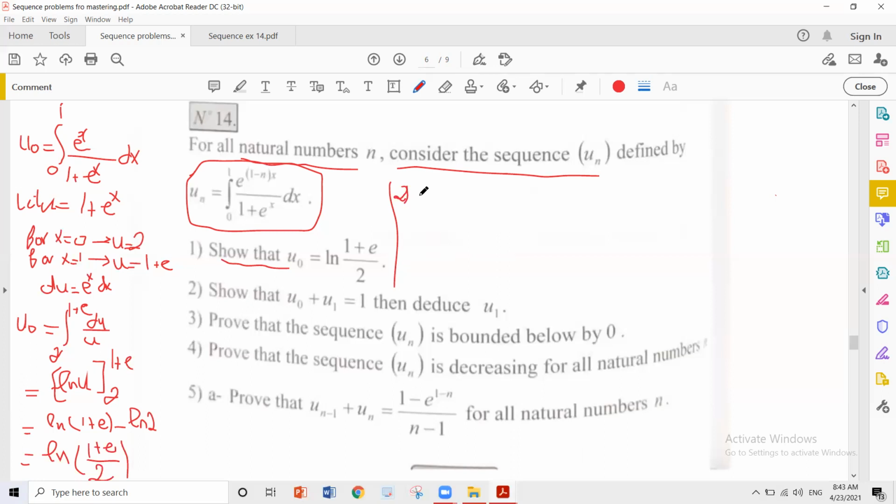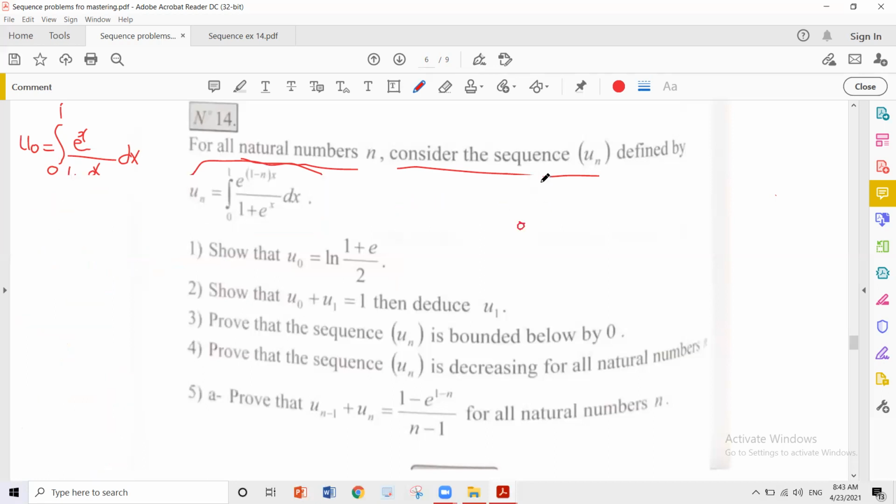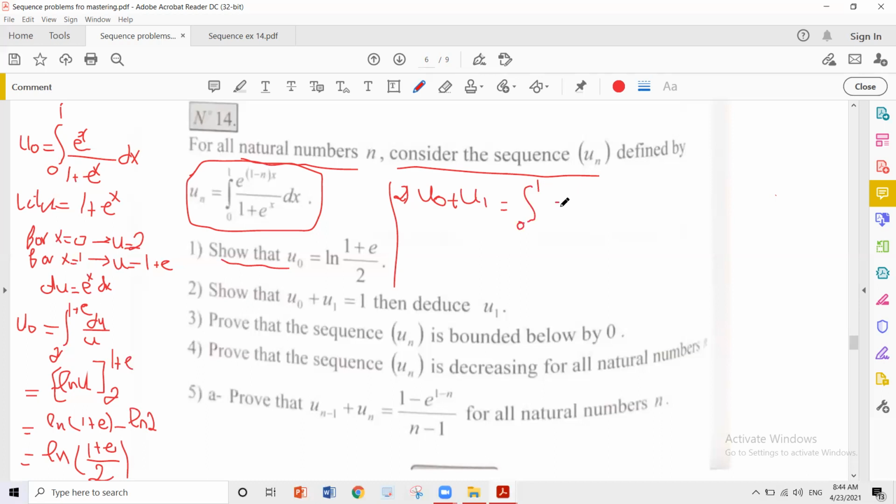Show that u0 plus u1 equals 1. u0 equals the integral from 0 to 1 of e to the power x over 1 plus e to the x dx, plus u1. If we put n equal 1, we get e to the 1 minus 1, which is e to the 0, which is 1, so the integral from 0 to 1 of 1 over 1 plus e to the x dx.